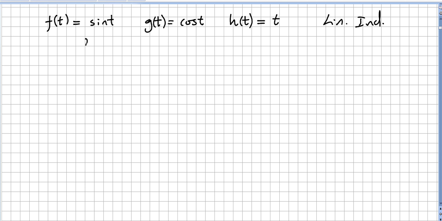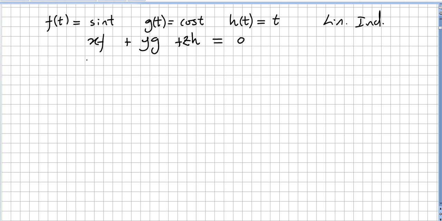Okay, so for that to happen, we need f plus g plus h to be 0 if and only if x, y, and z are 0, where x, y, and z are scalars.